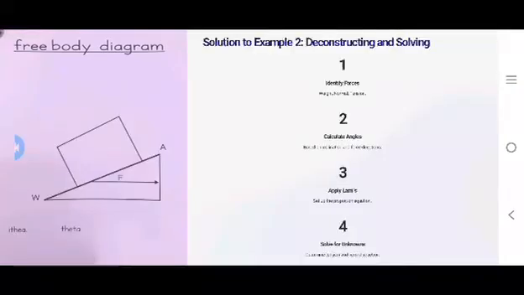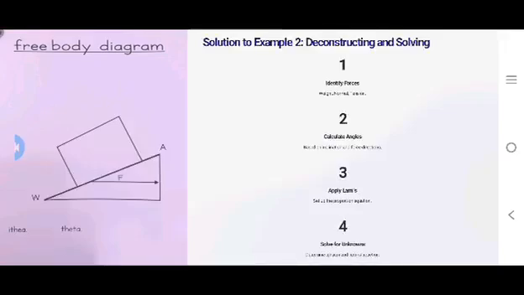Free body diagram. Solution to the example: A and B show boxes on inclined planes. Identify forces: weight, normal reaction and tension. Calculate angles based on inclinations and force directions.